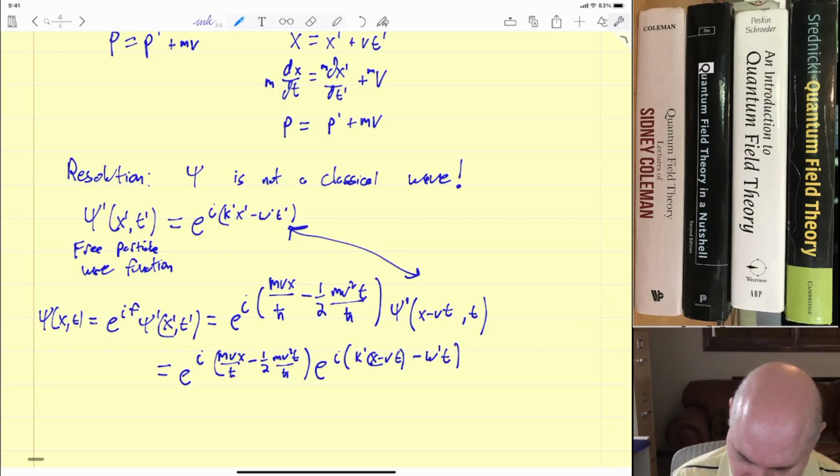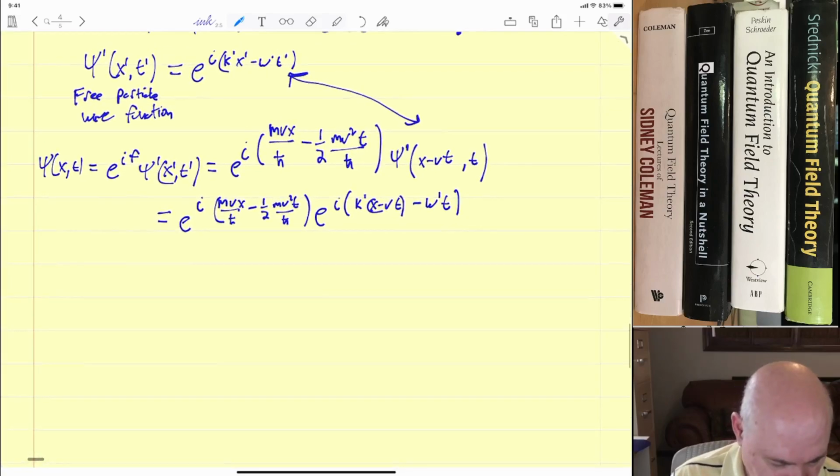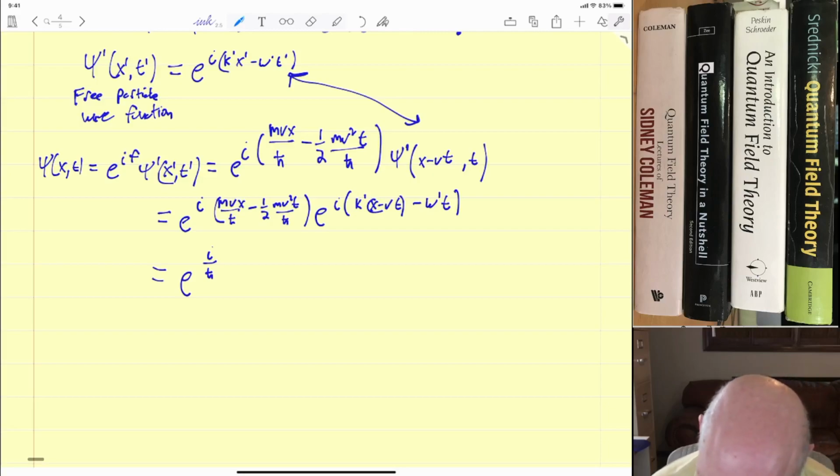Okay. So now we just have to combine everything. It's equal to e to the... I'm going to factor out i over h bar.